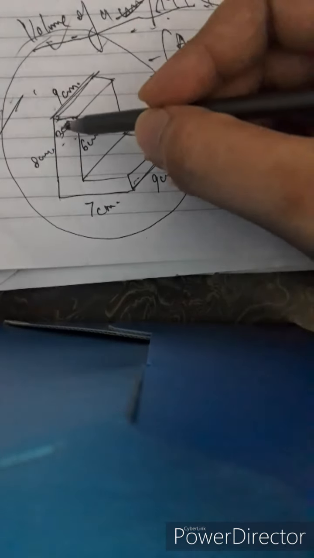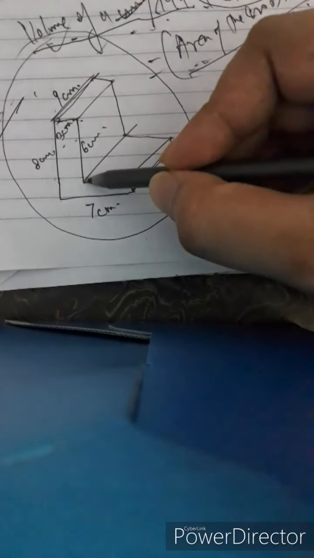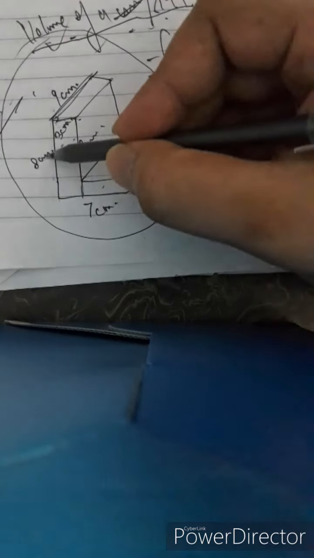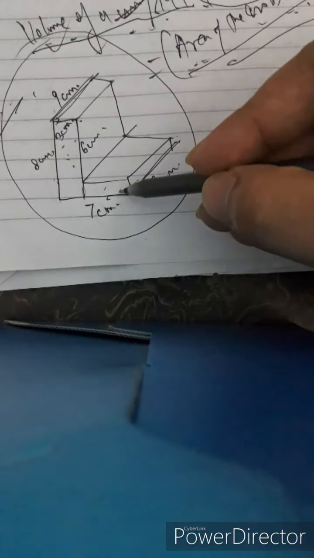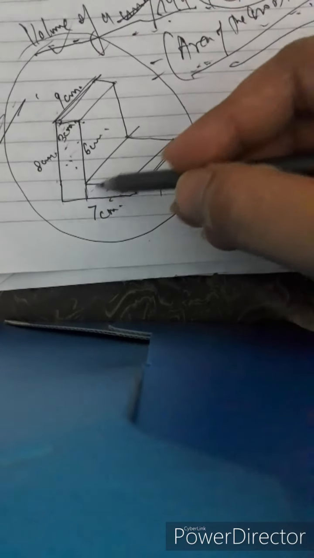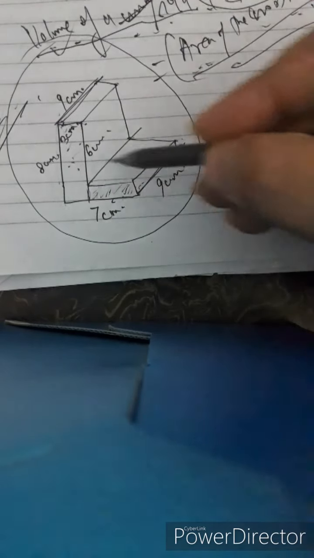You can see from this figure, this solid is divided into two rectangles actually. This is the bigger rectangle, and this is the smaller rectangle. The cross area is divided into two rectangles.